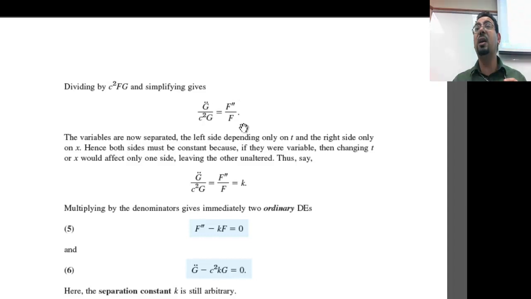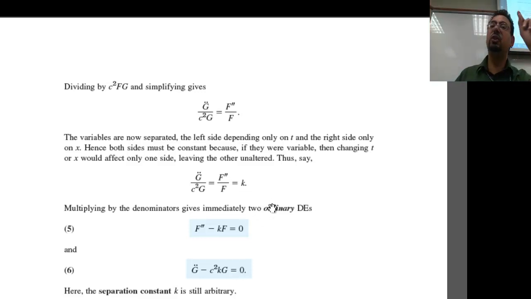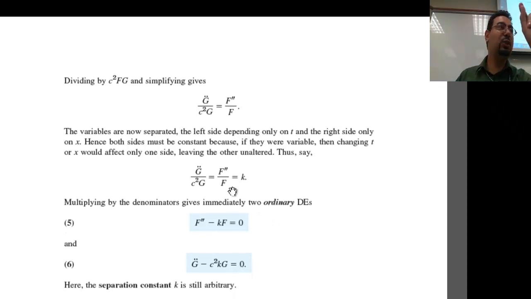This left hand side and right hand side are not really about x or t. It must be 5 or 7 or minus 3. That's the only way that, no matter what x is and what t is, they are always equal to each other. So it's a constant k. And here's the genius of that step. Now we can separate the variables by saying this equals k and this equals k.